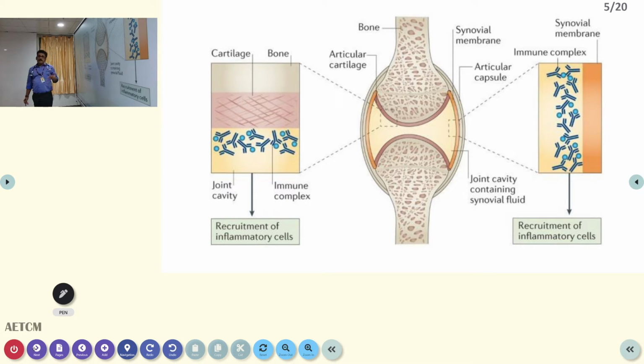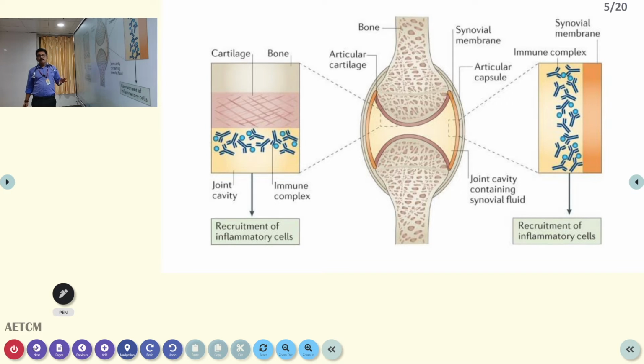With good treatment, it can recover back to normal. It will not normally produce a deforming arthritis or destruction of the joint like rheumatoid arthritis. That is the main difference between rheumatoid arthritis and rheumatic arthritis.